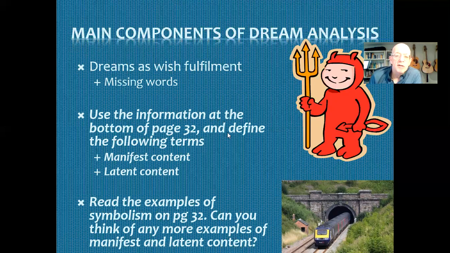Then read the examples on symbolism on page 32. In actual fact, that's the place that would be under the symbolic nature of dreams. That's the subheading for that bit. Okay.